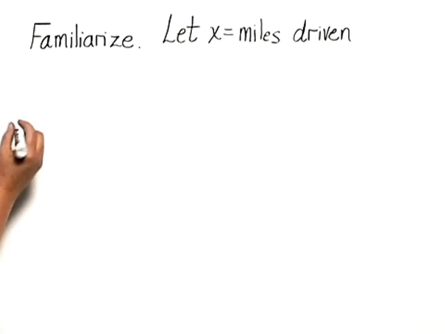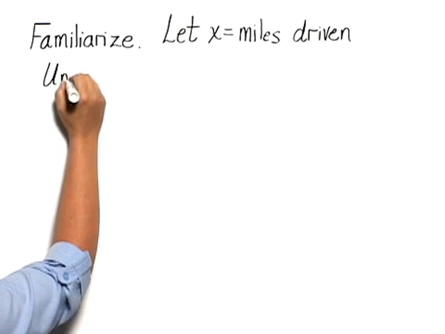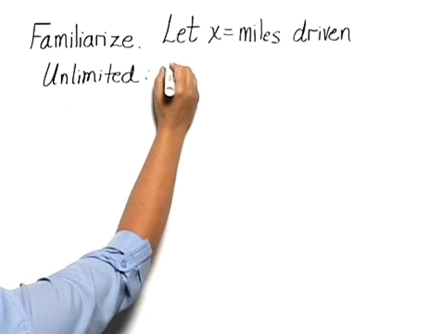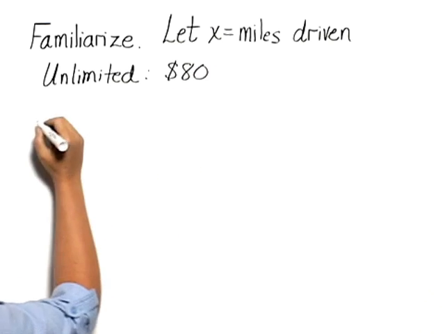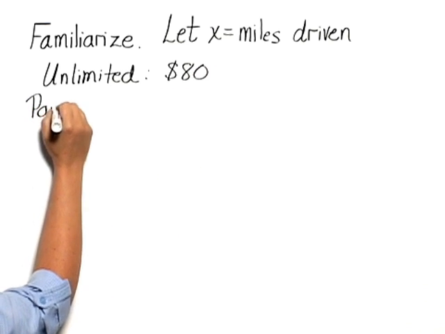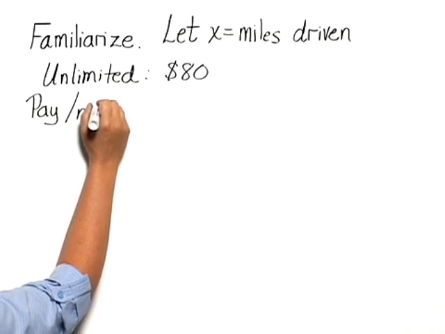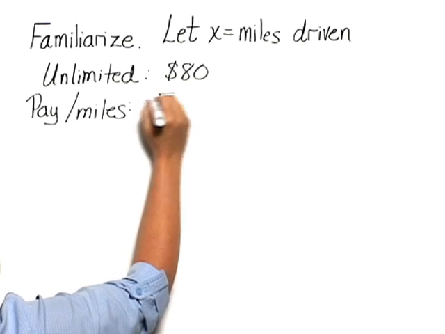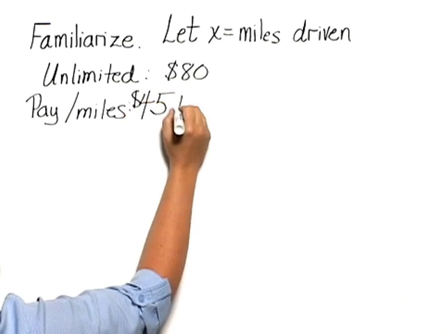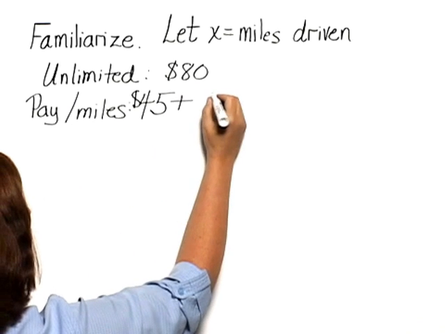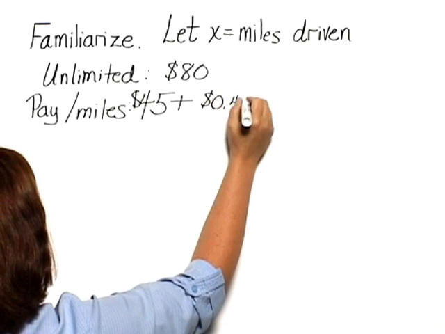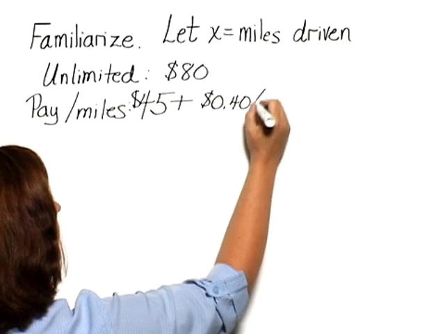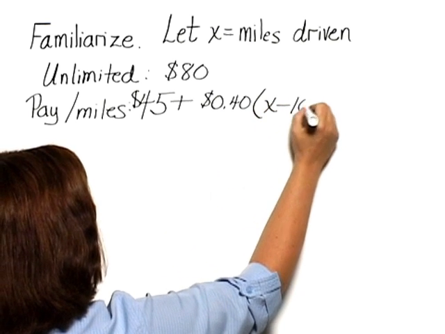There are two plans that Danny can choose from: the unlimited mileage plan, which would simply cost her $80, or the pay for the miles plan, which will cost her $45 plus 40 cents, which we'll write in terms of dollars as 0.40, times the number of miles over 100. So we can write that as x minus 100.